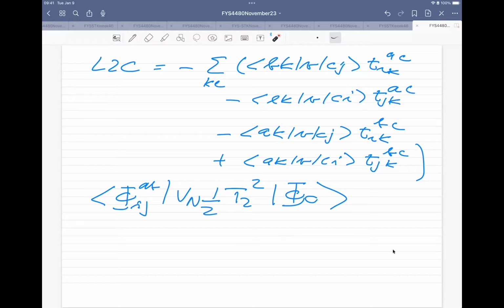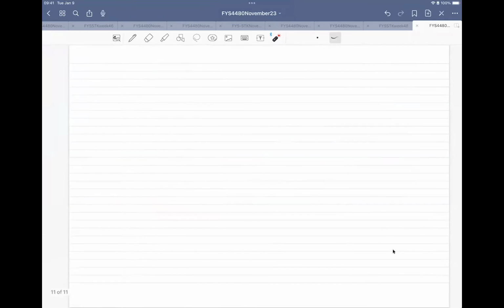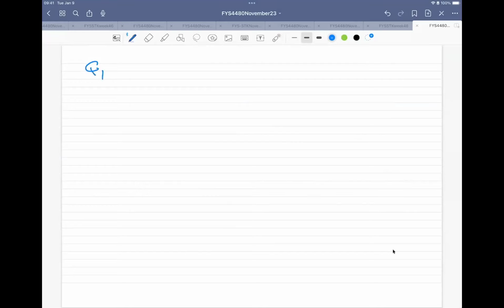So let's take a closer look at these terms here and look at one possibility. So when we look at this term V_N of 1/2, I'm going to call this term Q1. I'm following closely what is chapter 9.3 in Shavitt and Bartlett, where they do the algebraic derivation of all the expressions.